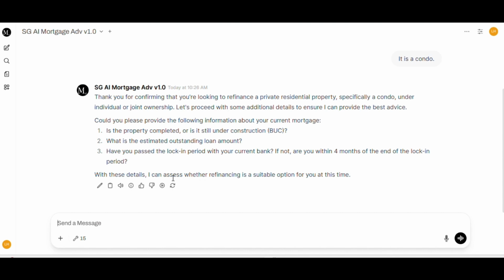So you just reply accordingly. I reply the property is completed and the estimated loan amount is 1.3 million. You don't need to key in the full numbers. You just write 1.3 MIL and tell the AI that the loan is already out of the locking period.